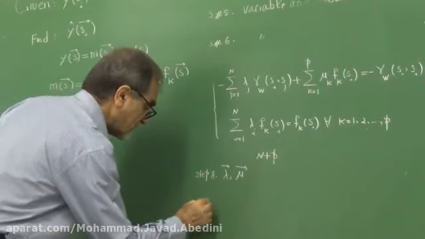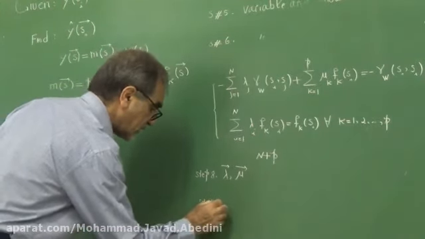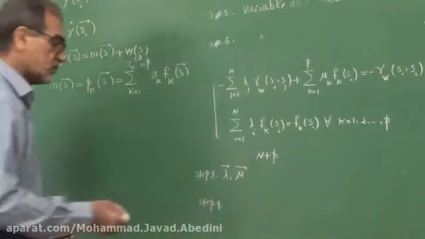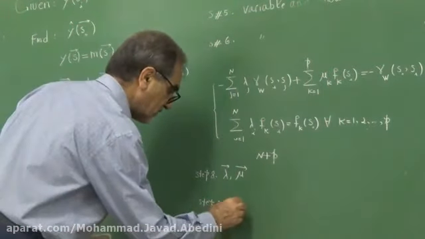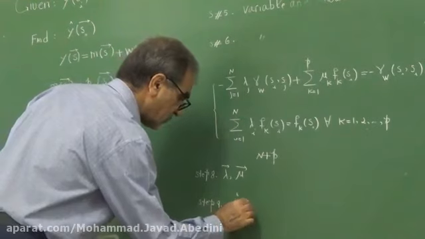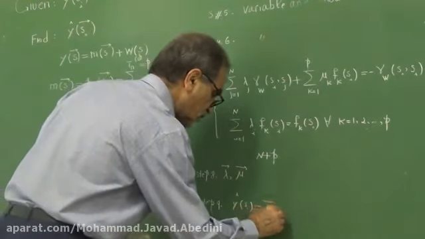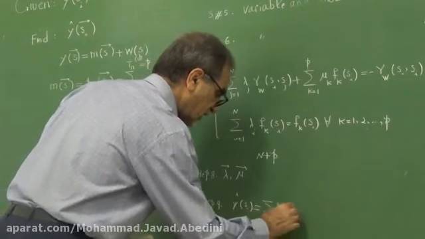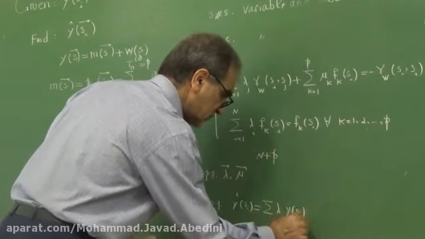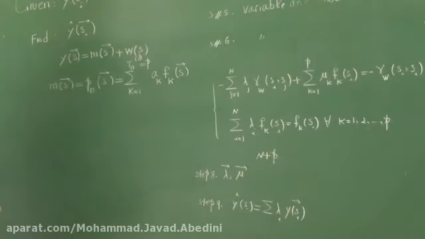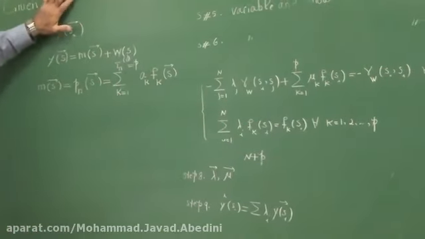When it comes to step 9, you have to compute your estimated value of y at a point which is not sampled to be equal to summation of lambda I y at Si. That is how to compute the estimated value of y at a point which is not sampled, which is our original problem.